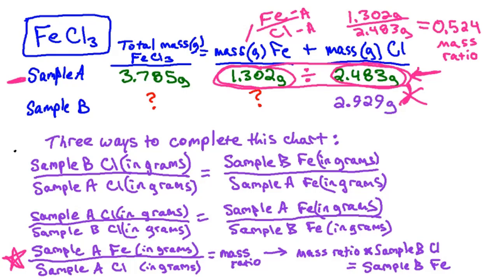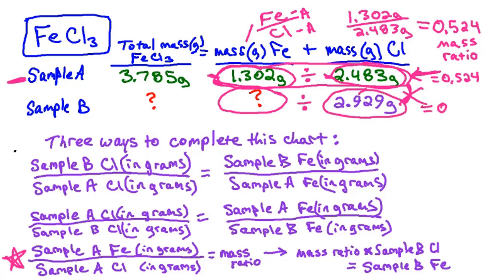So if the mass of iron in sample A divided by the mass of chlorine in sample A gives us 0.524, then shouldn't the mass of iron in sample B, if we divide that by the mass of chlorine in sample B, shouldn't that also give us 0.524? Yes, it should.